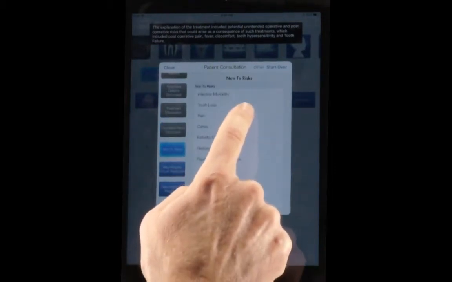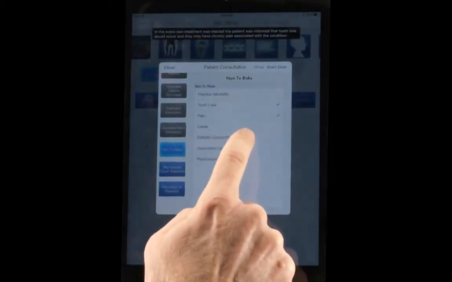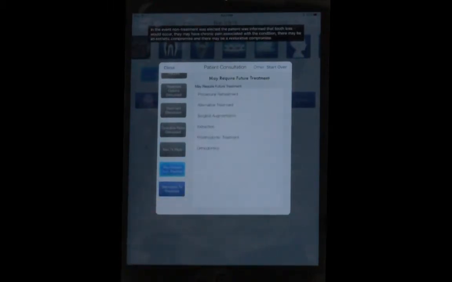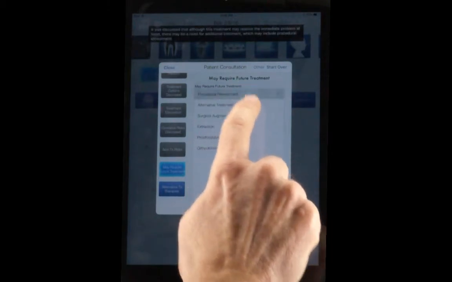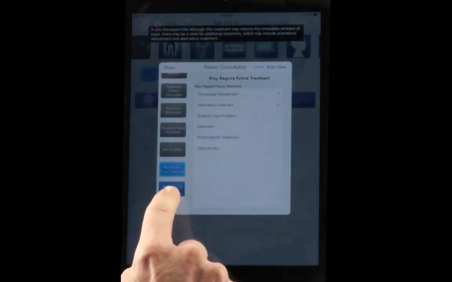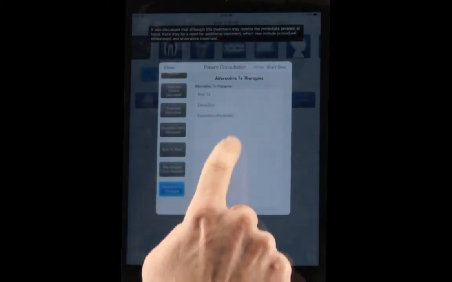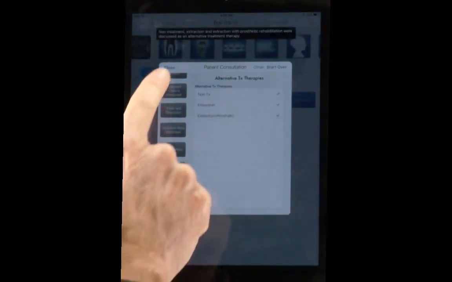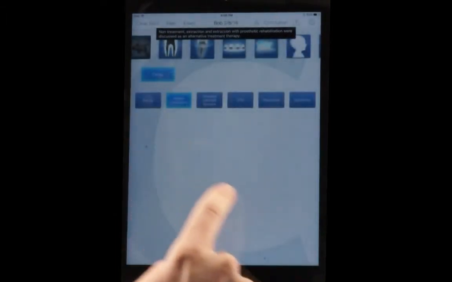Non-treatment risks: tooth loss, pain, aesthetic compromise, restorative compromise. Procedural treatments may be required, and alternative treatments may be required in the future. And non-treatment extraction plus prosthetic are possibilities of alternative treatments.